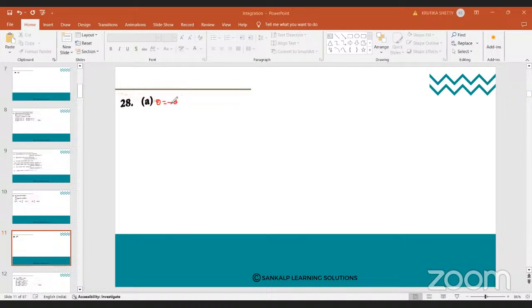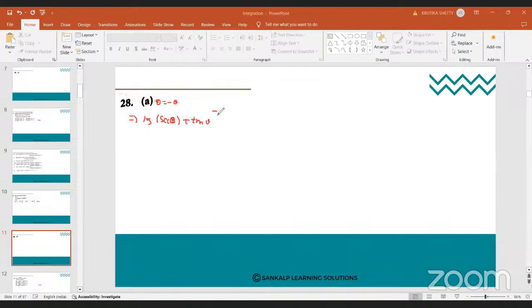So when we replace theta with minus theta, we get log of sec of minus theta, which will be sec theta only, and log of tan theta minus tan theta, which becomes tan theta.